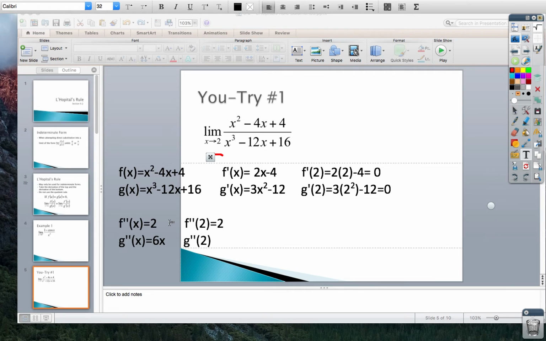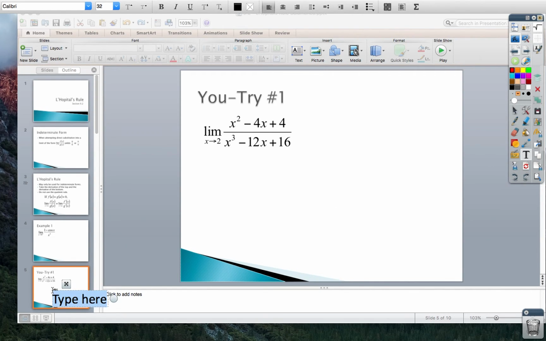And g double prime of 2 is equal to 12. So when we simplify this, we know that the limit as x approaches 2 is going to be 2/12 or 1/6. So this is going to be your limit.